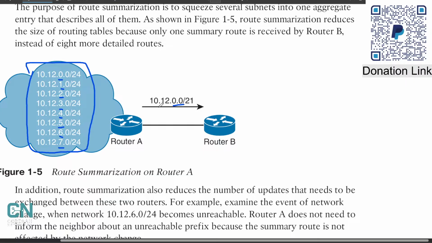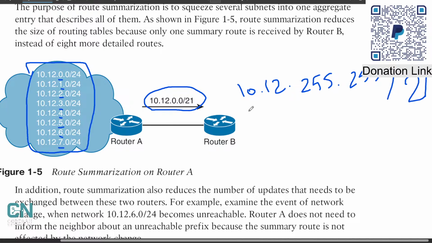So we write 10.12.0.0, for example, which means every network in this range, 10.12.0.0 to 10.12.255.255, slash 21, is accessible.